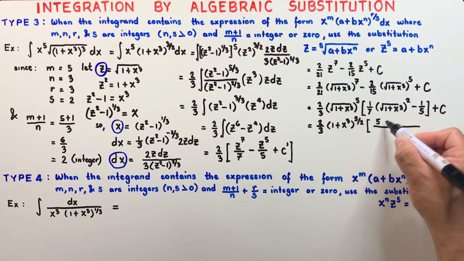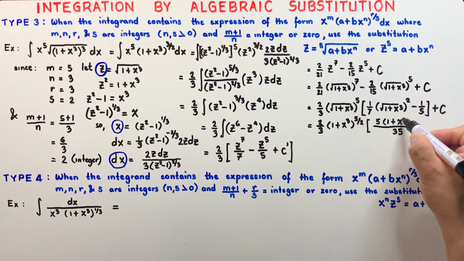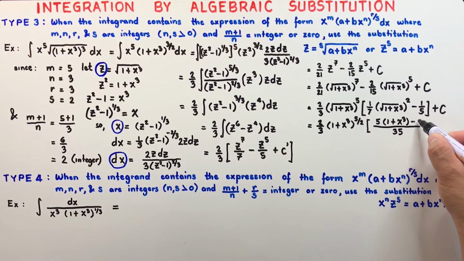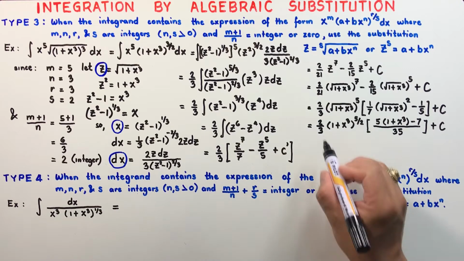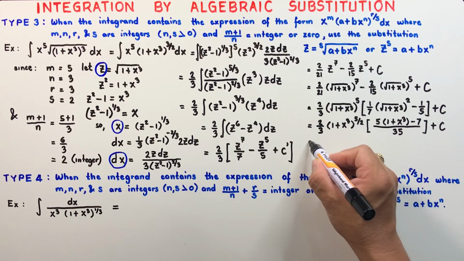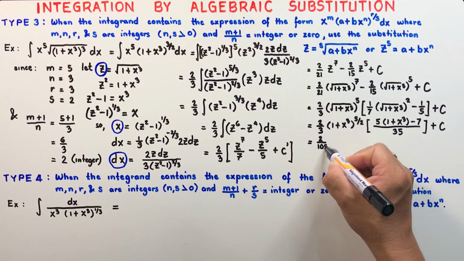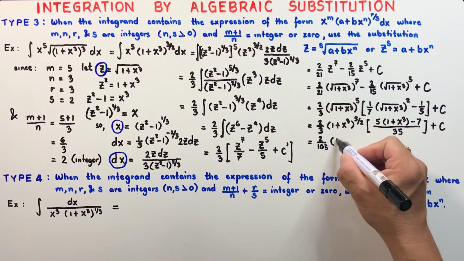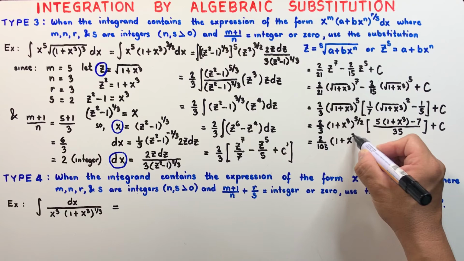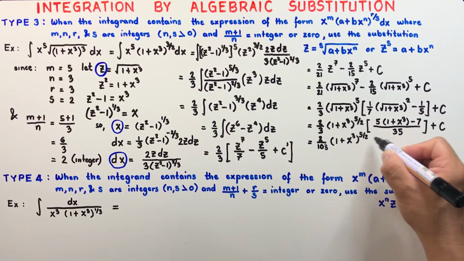So this is 5 times 1 plus x cubed minus 7. And this is added to the constant of integration c. So multiplying these two denominators here, we have 2 over 105. And this is multiplied by 1 plus x cubed to the power of 5 halves.